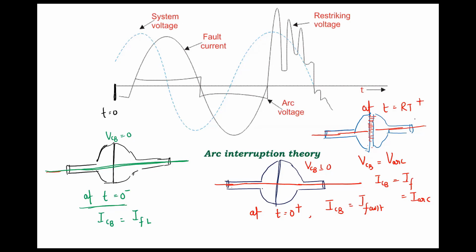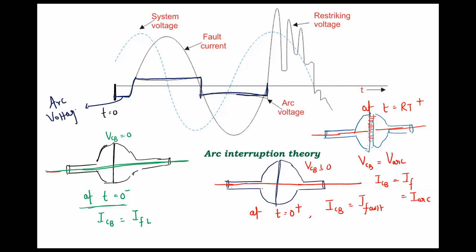Now in this image, if you carefully observe, this rectangular portion which I am writing in blue is the arc voltage across the circuit breaker poles. What is the arc voltage?